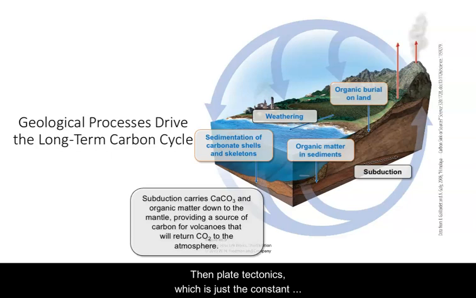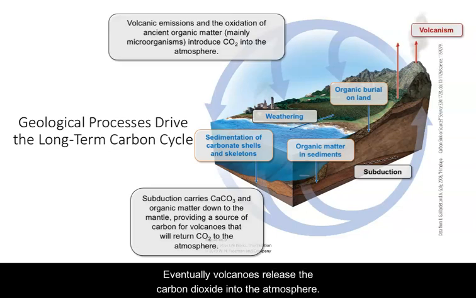Then plate tectonics, which is just the constant motion of Earth's crust, moves carbon through subduction to volcanoes. Subduction is simply a geological process in which one edge of one crustal plate is forced below the edge of another. Eventually, volcanoes release the carbon dioxide into the atmosphere.